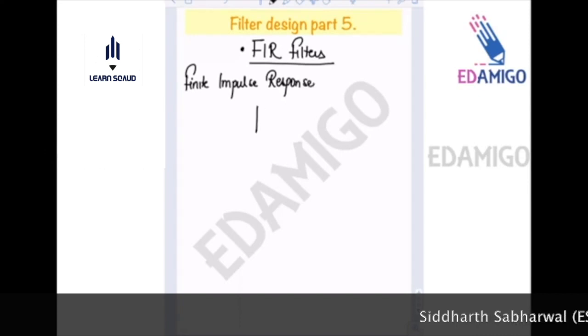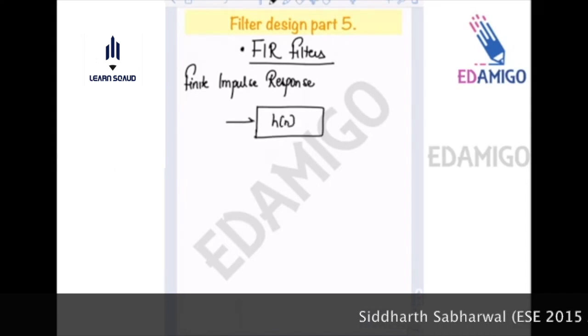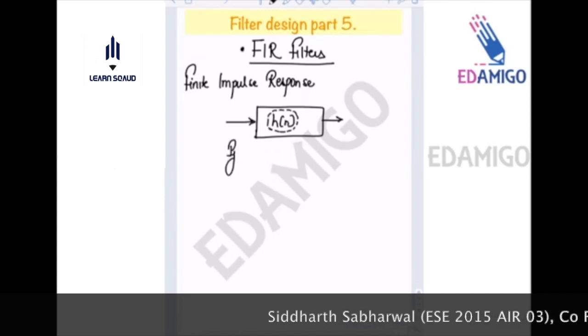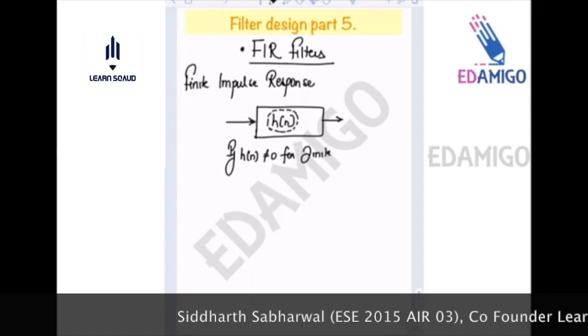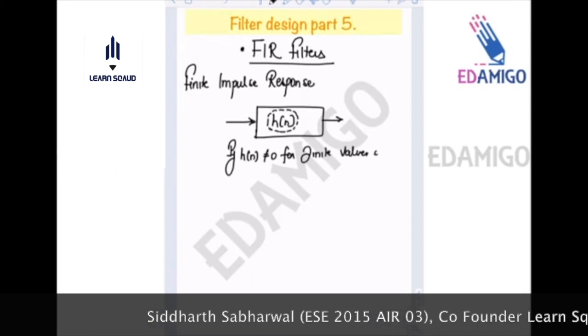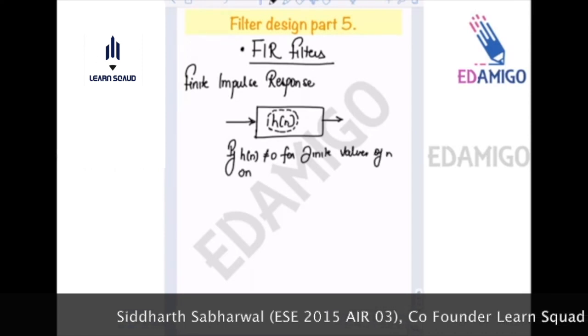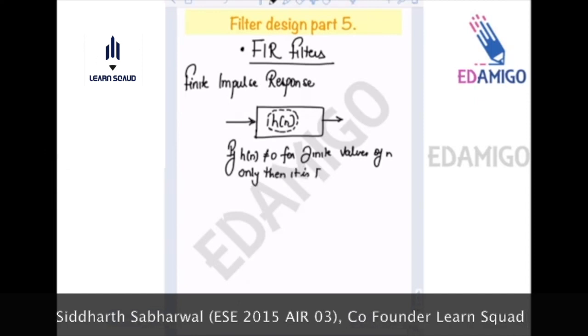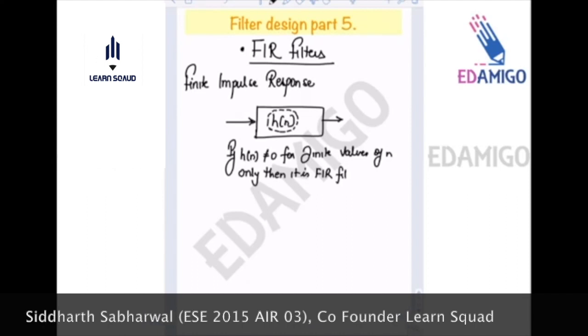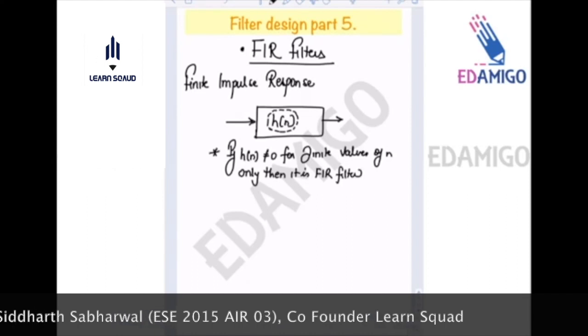So if we have any system which is a digital system or a discrete system having impulse response h(n), and if h(n) is non-zero for finite values of n only, then it is an FIR filter. Okay.